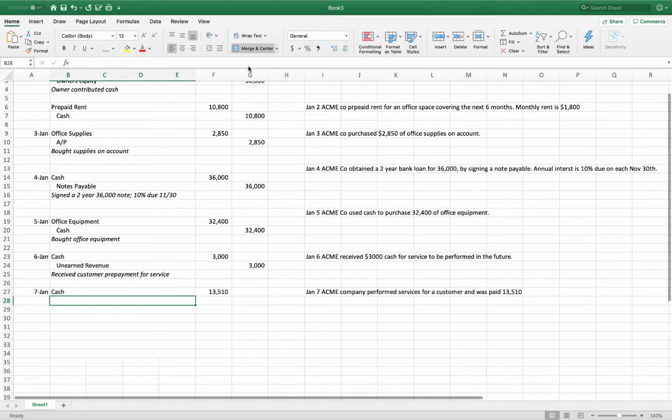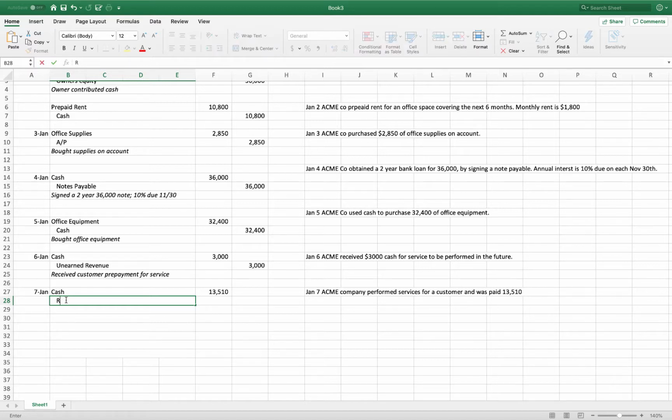I already identified that owner's equity, specifically the revenue account, goes up. So I'm going to type in service revenue, and I'm going to credit it for $13,510.